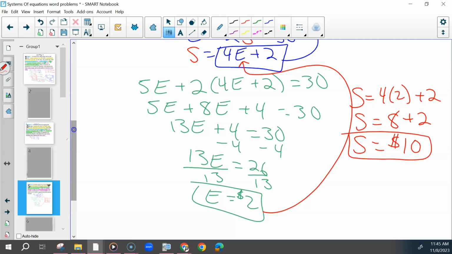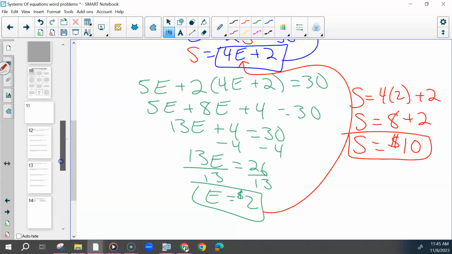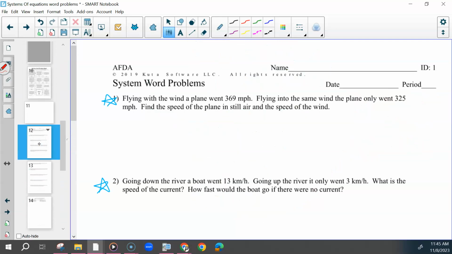I do want you to find this page. So there's a maze in there. It just has a bunch of problems. You can solve those with number 2.